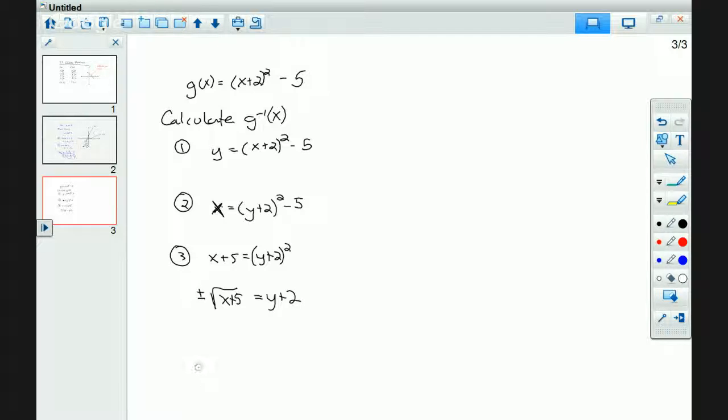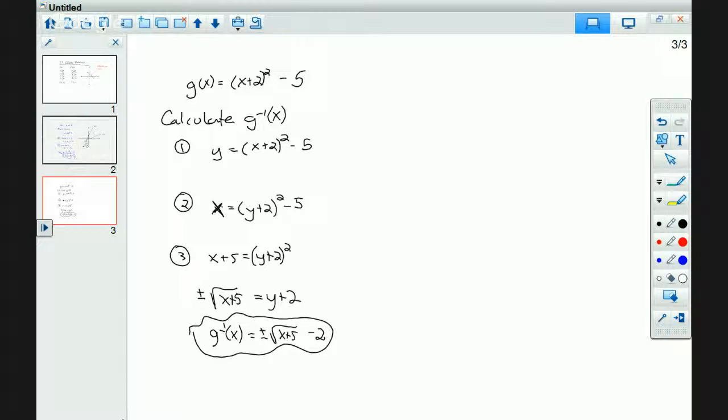So we're going to have g inverse: positive or negative root x plus 5, minus 2. That is our inverse.